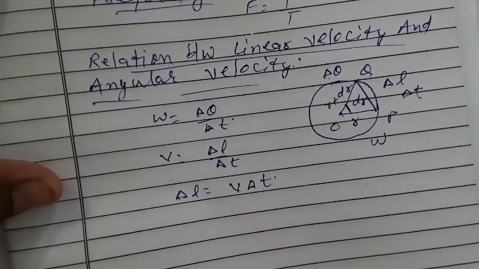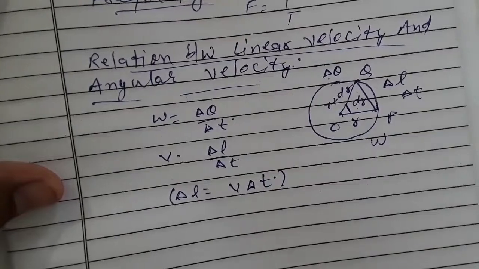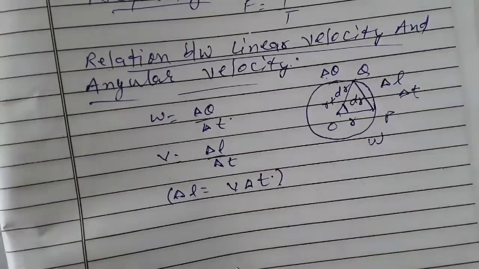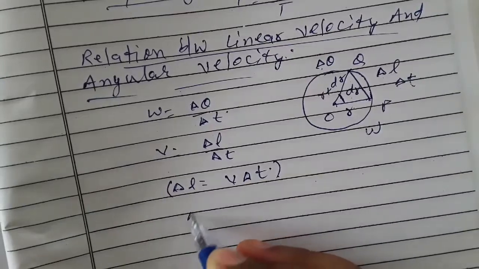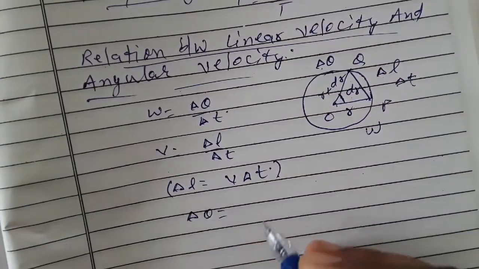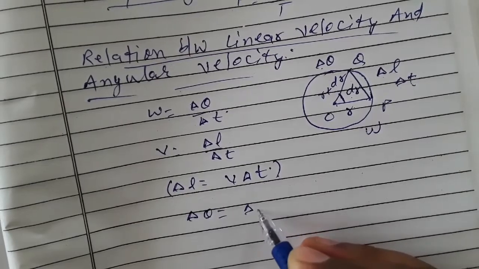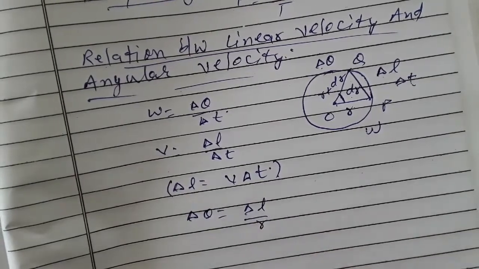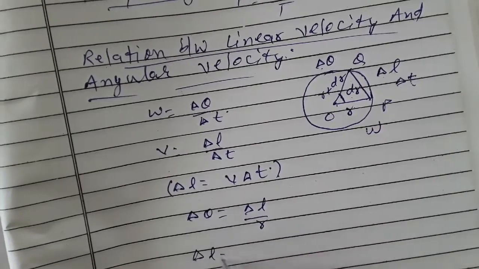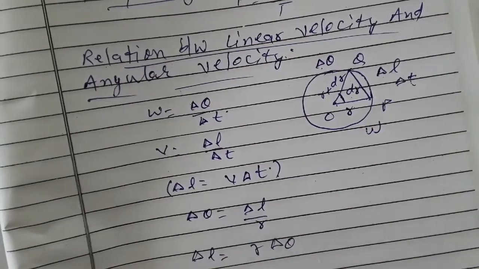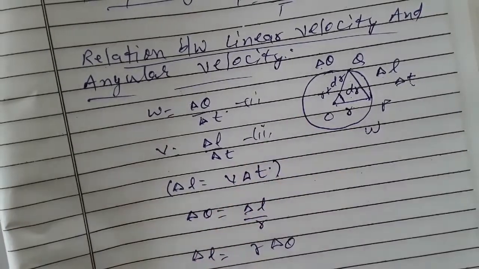Now angular displacement delta theta is equal to arc upon radius, so delta theta equals delta L upon r. From here delta L is equal to r into delta theta. This is equation number first, and this is equation number second.